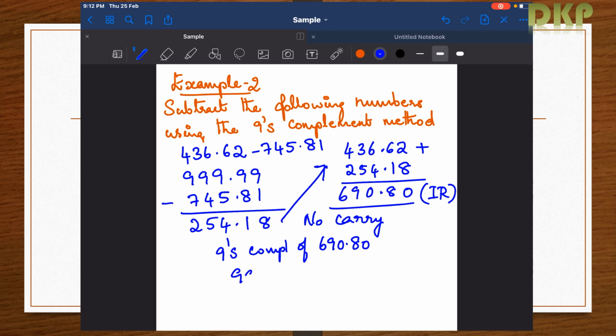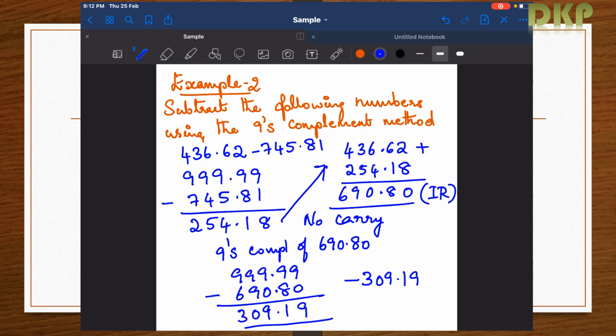So let us find the 9's complement. 9 minus 0, 9. 9 minus 8, 1. 309.19. So this is the 9's complement. Since there is no carry, you have to put a negative symbol along with the 9's complement. So this is the final answer.